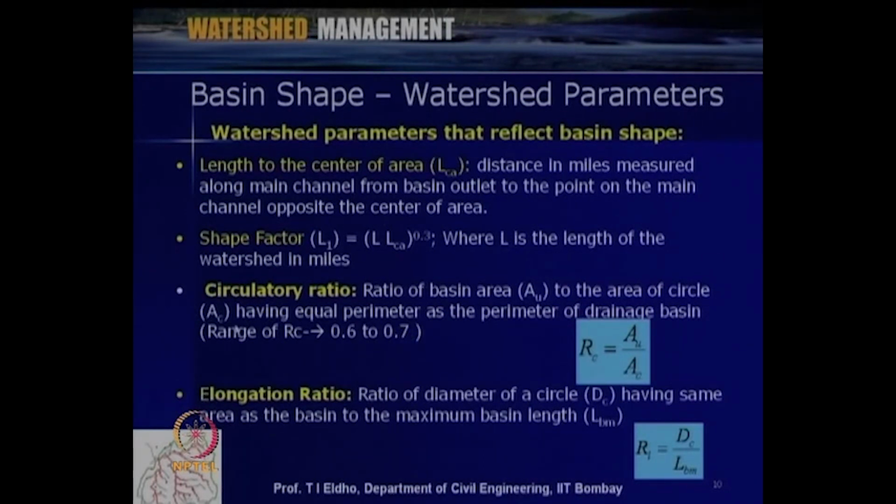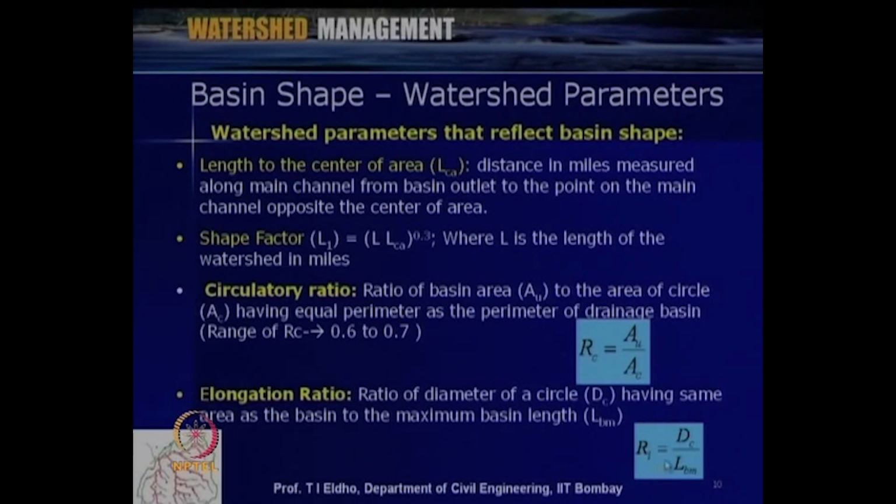Then as far as shape is concerned, another important parameter is the so-called elongation ratio. As I mentioned, this shows what the shape is like, narrow type or broad type watershed. The elongation ratio is the ratio of the diameter of a circle, say DC, having the same area as the basin, to the maximum basin length.